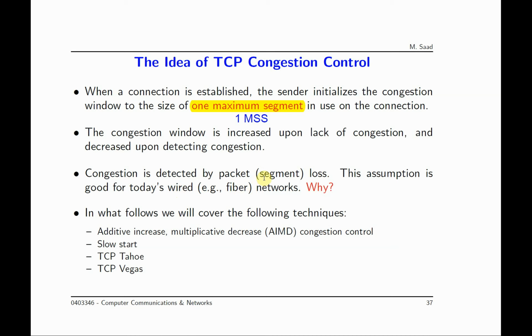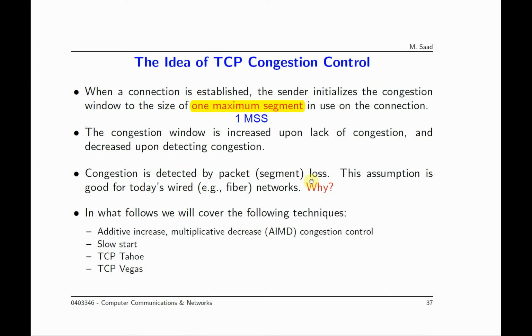So basically in these kinds of wireless networks, if I time out without getting the acknowledgement back, it does not necessarily mean that there is congestion. So all these mechanisms that I'm talking about here, TCP congestion control, are suitable for wired networks.